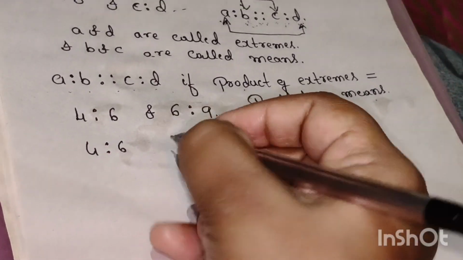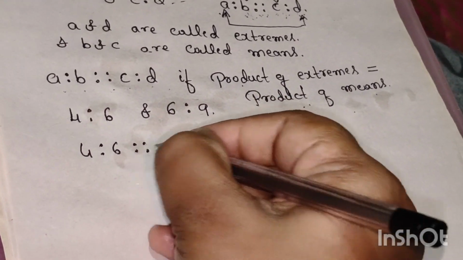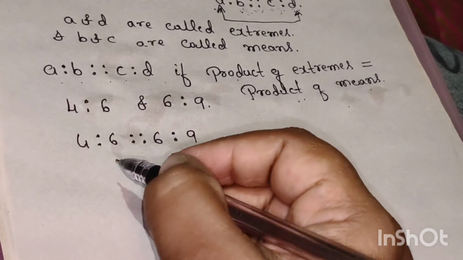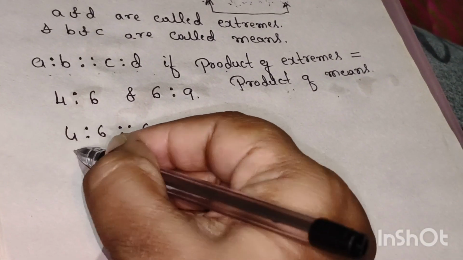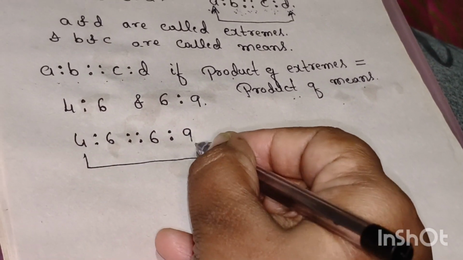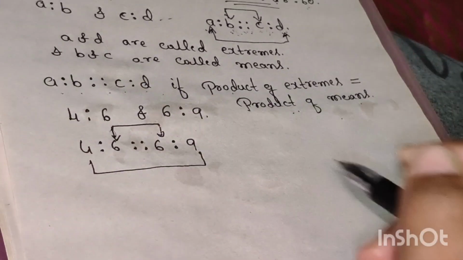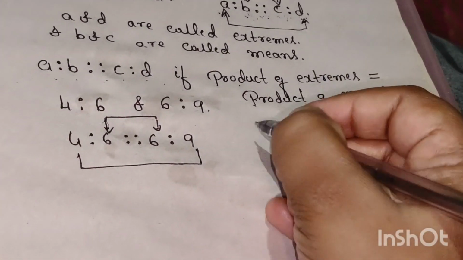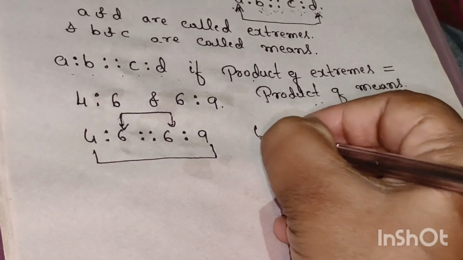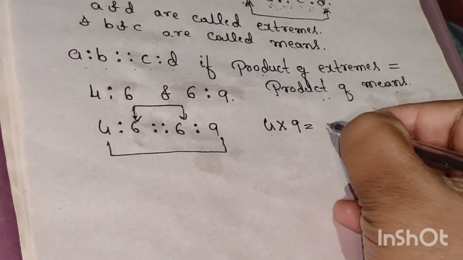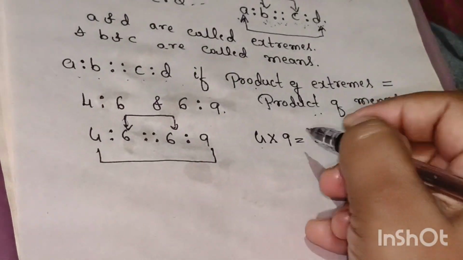4 is to 6 proportion to 6 is to 9. We calculate the product of extremes and product of means. Product of extremes, 4 into 9, 4 nines are 36.